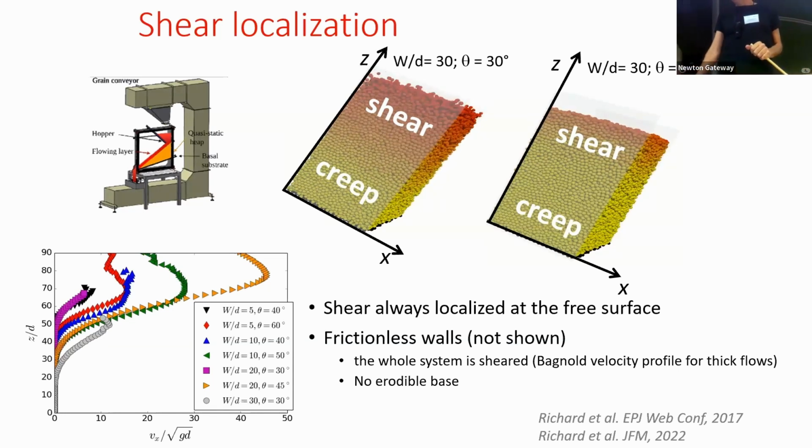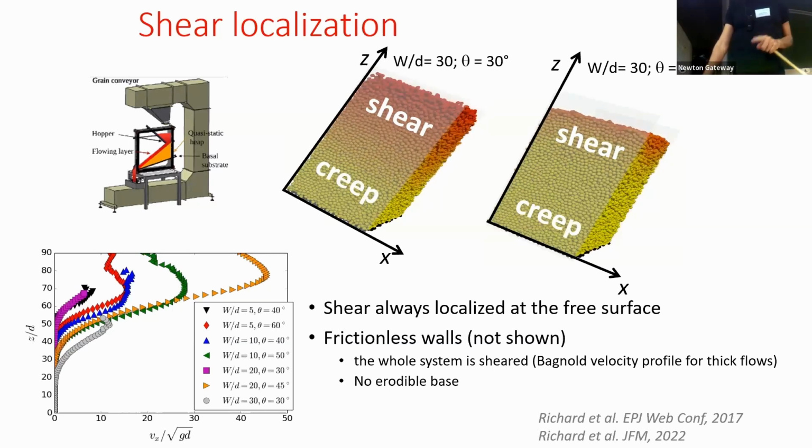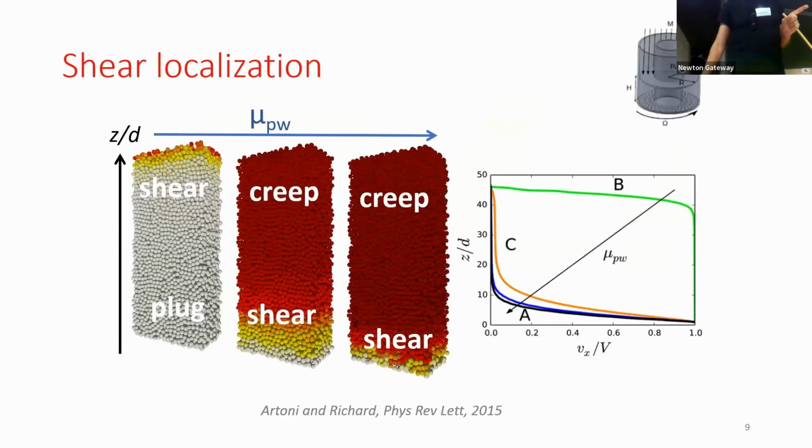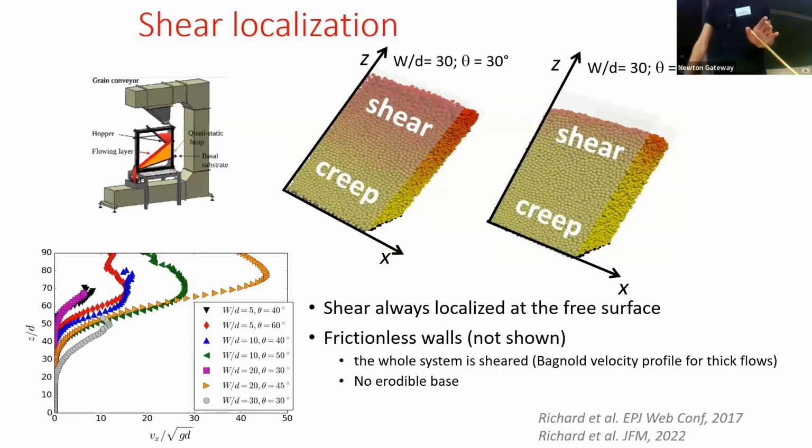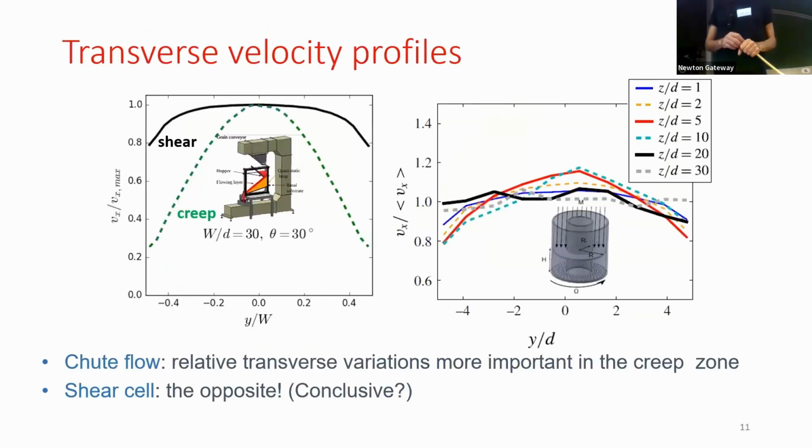So as you can see, between this system and the previous one, it is quite different. But if we look at the transverse velocity profile, here I report the transverse velocity profile. The sidewalls are on the left and on the right of each x-axis.